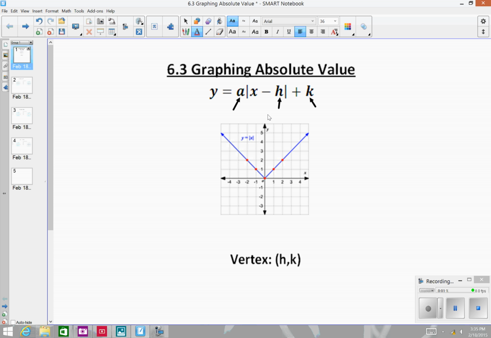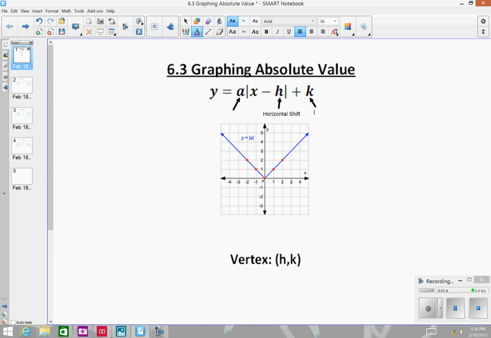Horizon line. Okay, so that shift is going to either go left or right. So that is our horizontal shift.